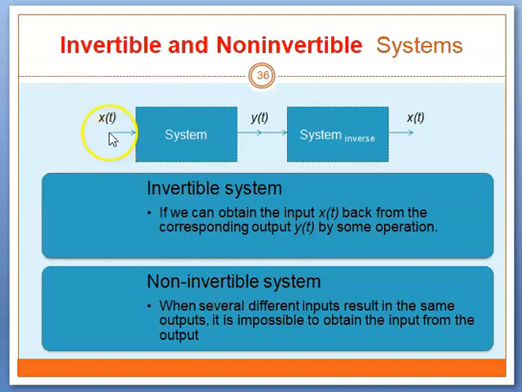So if you have an incoming signal x(t) going into a system, it will produce an output y(t). Then y(t) goes into another system, which is a system inverse, and you get the output x(t), which is the same as your first incoming signal x(t). When you have this kind of system, we call it an invertible system.